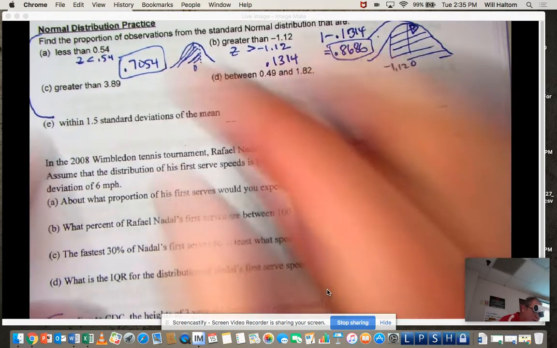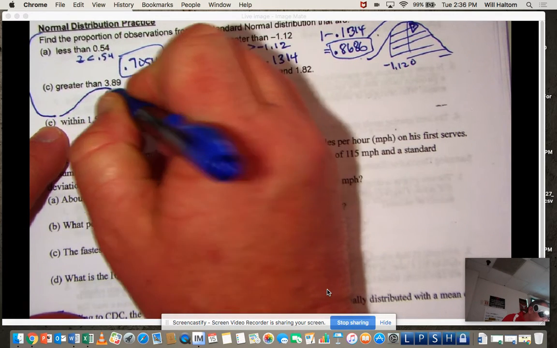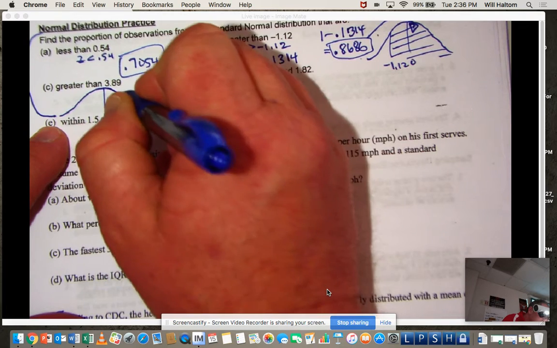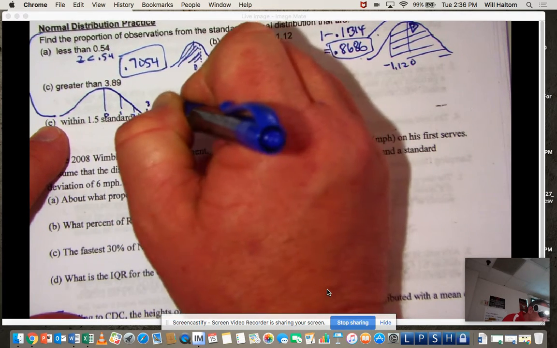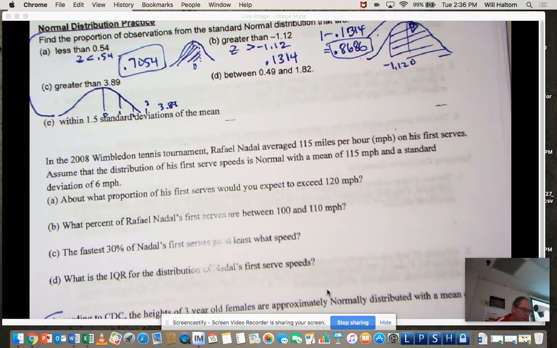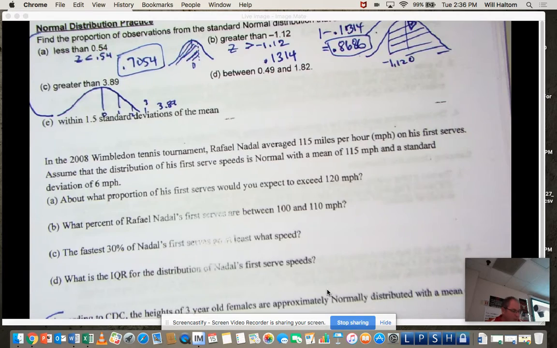Now, I tell you guys, if you look at the graph of these things, it always helps. 1, 2, 3 is here. So 3.89 is over here. Well, when you go look up 3.89 on your table, you find out that it's not on your table anywhere. It only goes to 3.4.